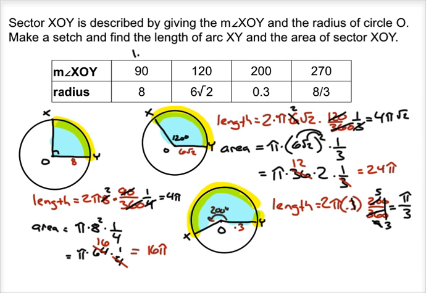Let's find the area. So I know the area equals pi times radius squared. And I know that my radius is 0.3. And I don't have a whole circle, I still have 200 degrees out of 360 degrees.